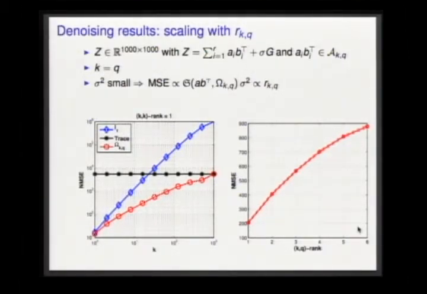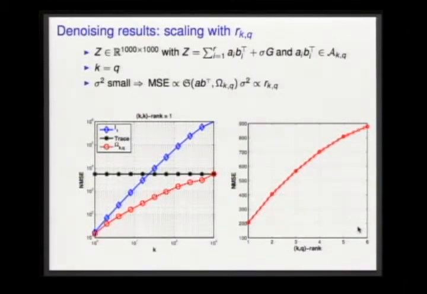By looking at the slope of the red and the blue curves, the red curve is half as steep as the blue one. We also used these numerical simulations to verify the intuition that we had about the statistical dimension at larger ranks.